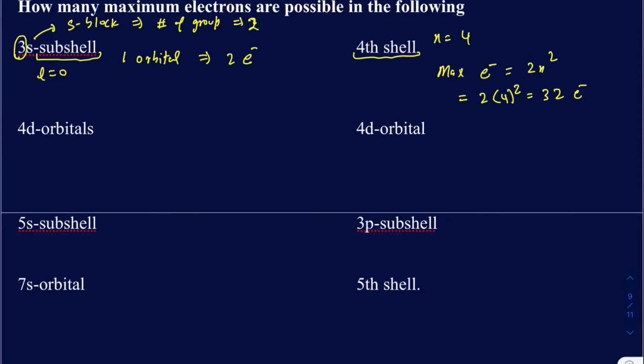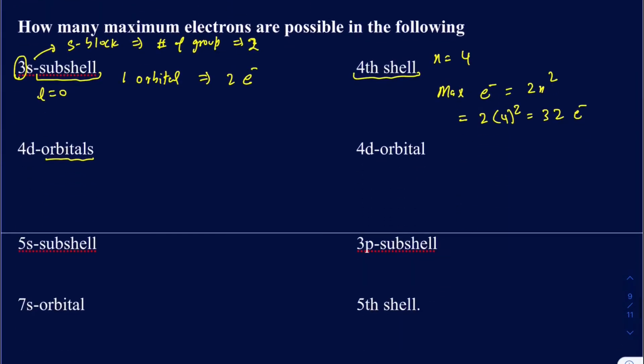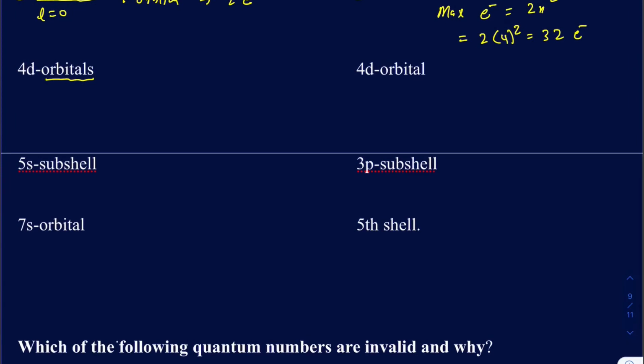Okay, then let's look at the next one. It says 4d orbitals. Now, sometimes these wordings could be confusing, so that's why I said earlier you have to be really careful how the question is worded here. So it says 4d orbitals here. That means it's talking about all the orbitals you can have in the 4d subshell. Because when they write down the number and the subshell along with it, we are mainly referring to the type of subshell you're in.